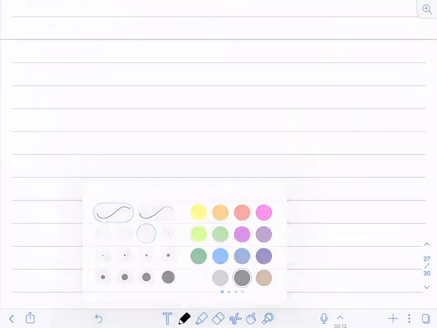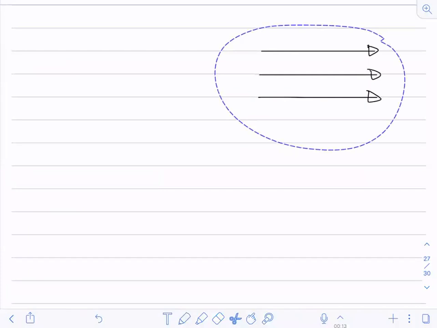Suppose the magnetic field is still like this, and the orientation of the coil now changes. So it is somewhat like this now.